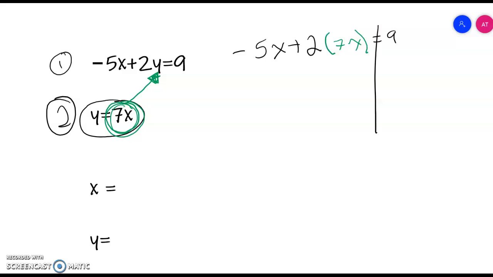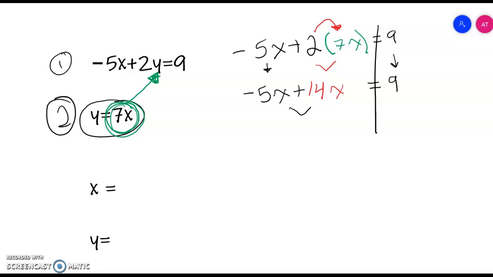Now what you're going to do is distribute. You're going to distribute this 2 to the positive 7. What is 2 times 7? 14. So I have 14x. I didn't do anything to this negative 5, so I'm just going to bring it down. And I didn't do anything to this positive 9, so I'm just going to bring it straight down. Now I'm going to combine my x's.